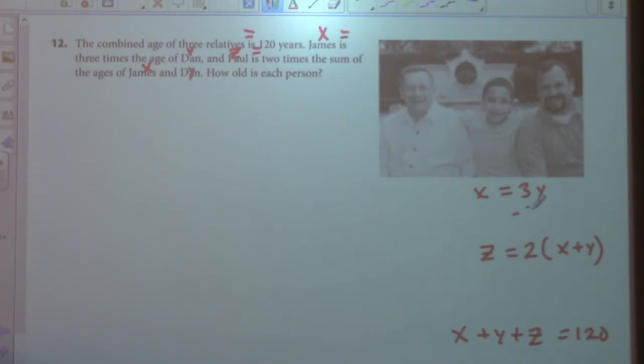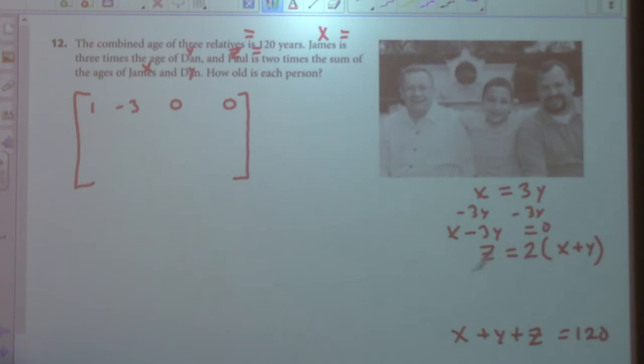So if we subtract 3y, what we have is x minus 3y is equal to 0. So we're going to put in our augmented matrix 1x minus 3y plus 0z equals 0. So that's one equation here.